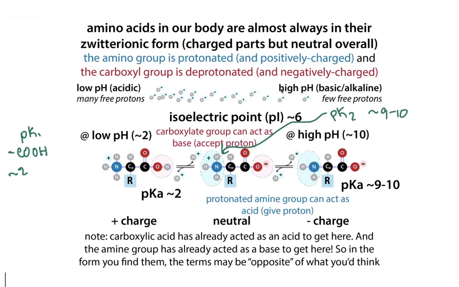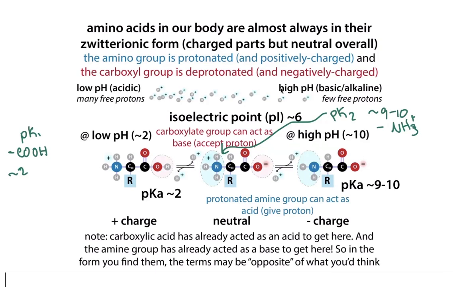And that's going to be the pKa for the NH3 plus group, because remember that the pKa is always going to tell us about the acid form. So the pK2 is going to tell us about the strength of this protonated amine group on our amino acid. And note that it has a higher pKa though, so it's a weaker acid than our carboxylic acid.